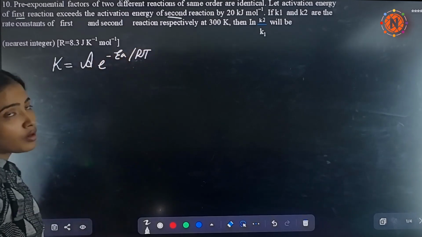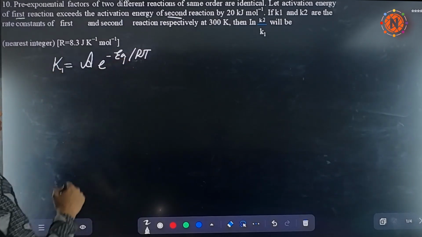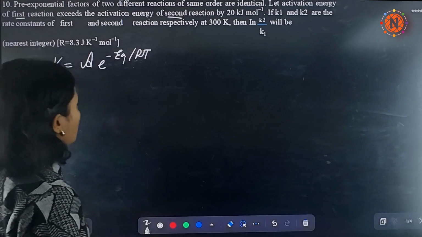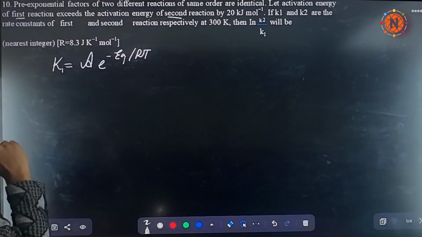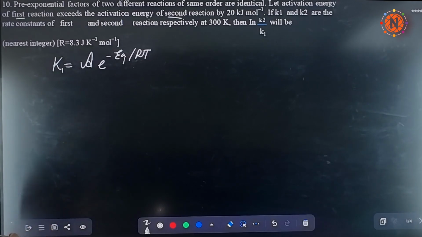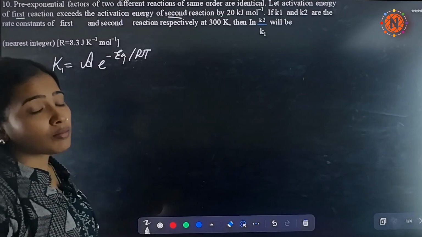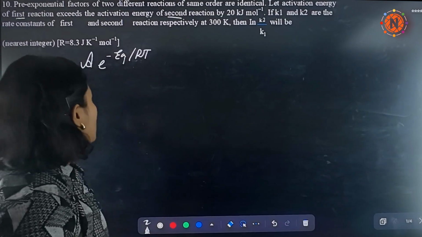Since we are talking about two reactions, we will consider K1 and here E1. Okay. Now it is said that activation energy of first reaction exceeds the activation energy of the second reaction by 20 kilojoule per mole. So it is talking about the difference between them, right?